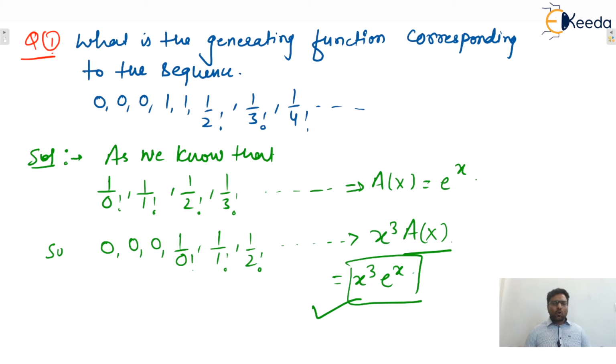Otherwise, if you don't know anything, just multiply the first term with x power 0, the second with x power 1, and so on, add all these terms and simplify this series, and whatever the simplified version is, that will be your generating function in closed form, nothing else. Okay guys, so write down the next question based on these properties.